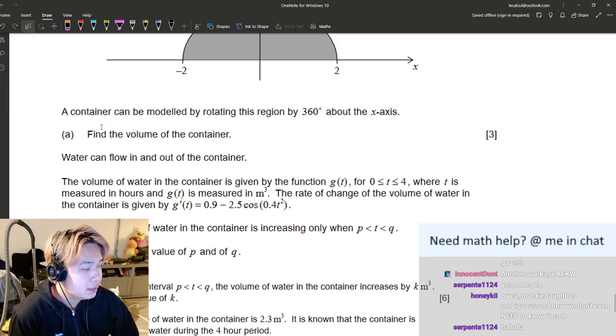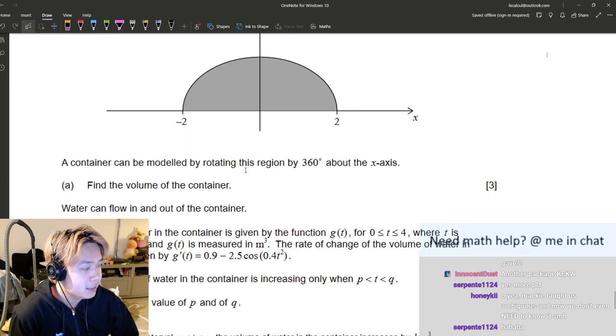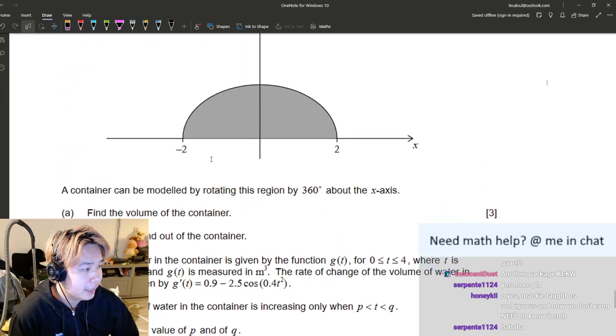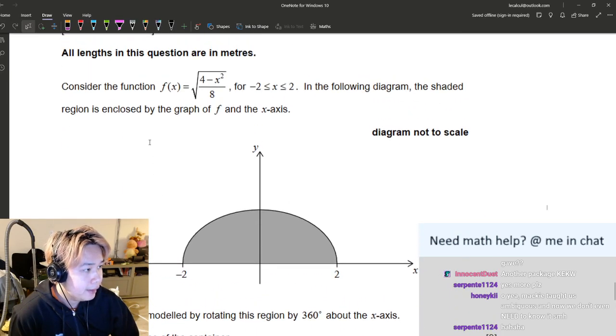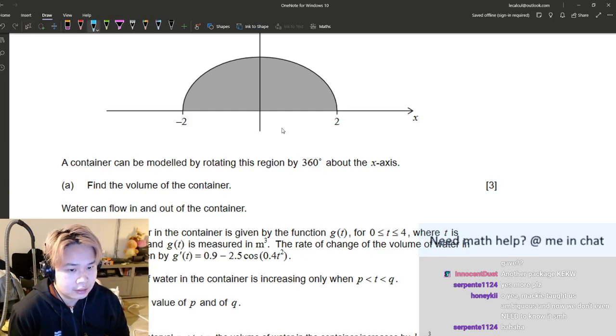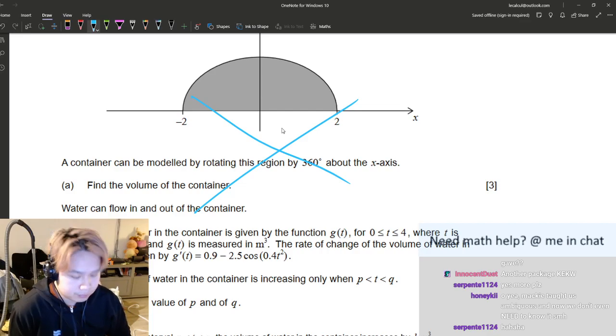So find the volume of the container. So this question, oh man, I don't even think I can do any of this. This first thing, volume of rotation, is no longer in SL, so not necessary to do.